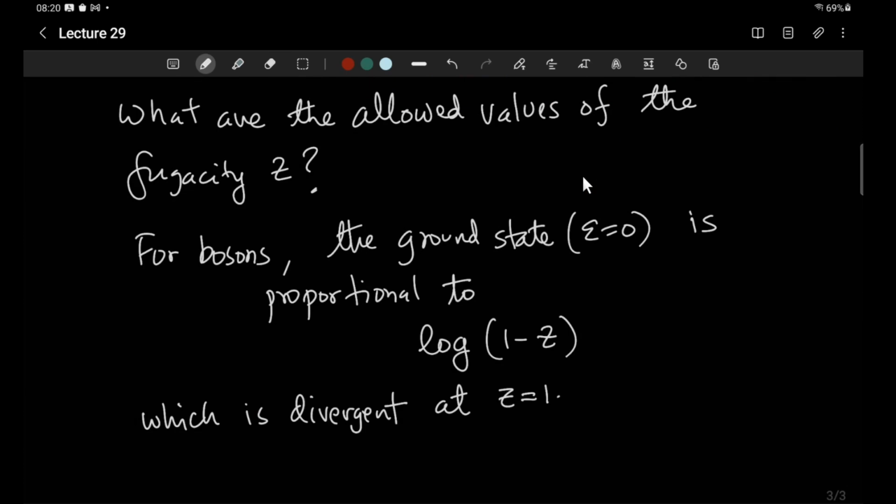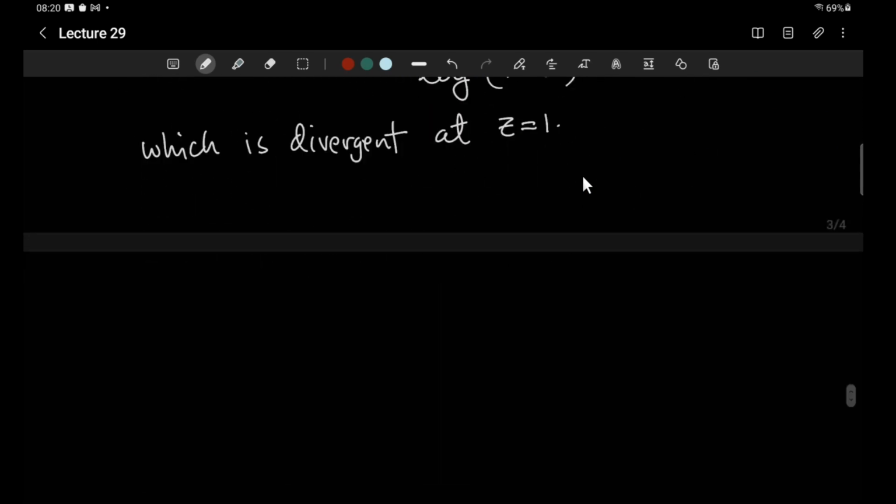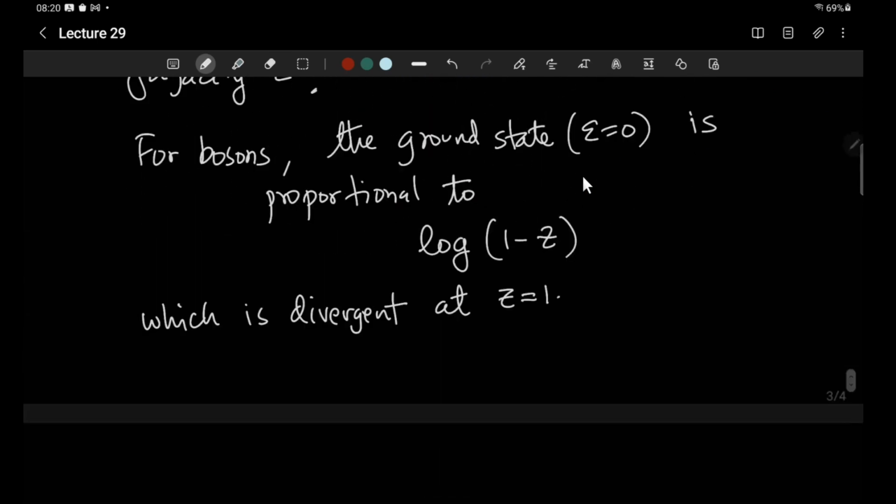You agree? Yes. Okay. And z was e to the power beta mu. So we will restrict z to belong to the region from 0, which is allowed of course, to 1, and here we don't know whether 1 should be included or not.